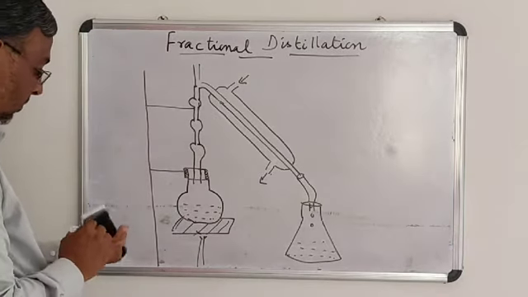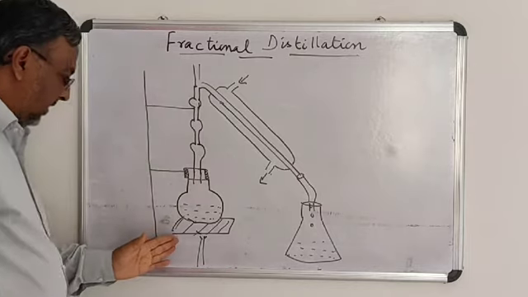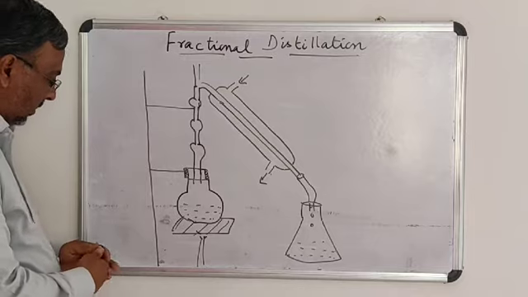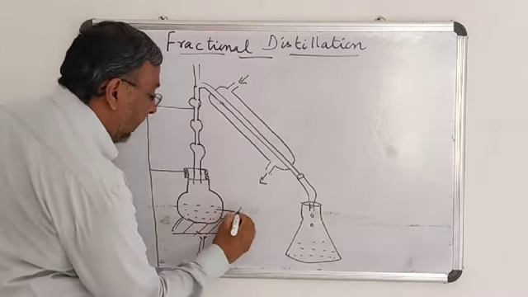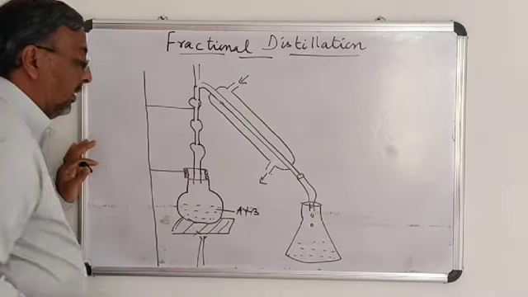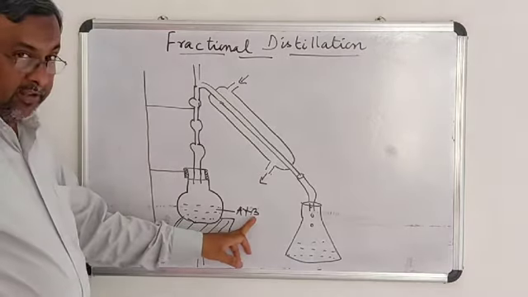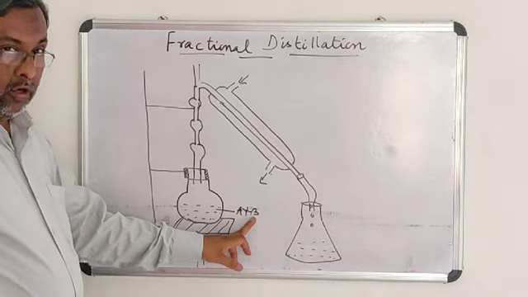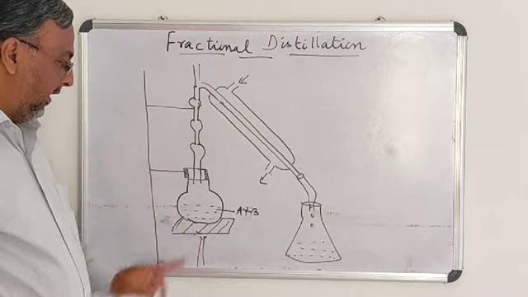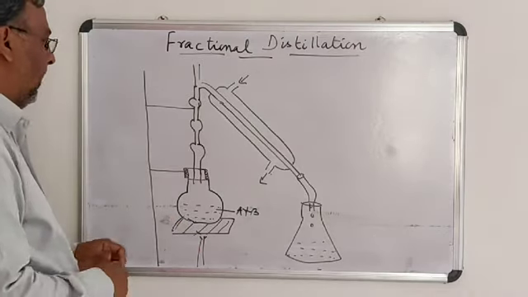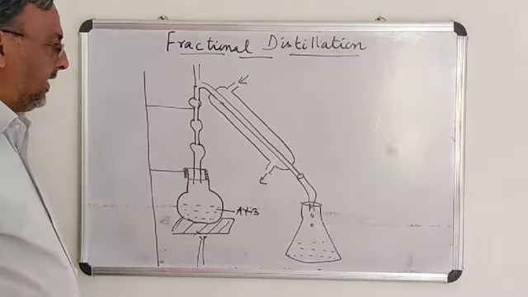When a liquid mixture is heated over a wire gauze, this solution contains a mixture of A and B, where A has a high boiling point and B has a low boiling point. That means B is more volatile, A is less volatile. Usually we use a fractionating column. This is called a fractionating column.